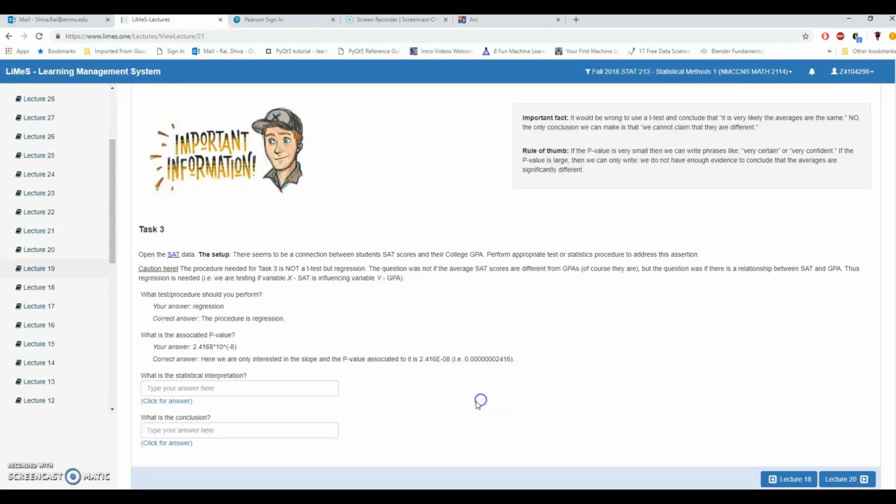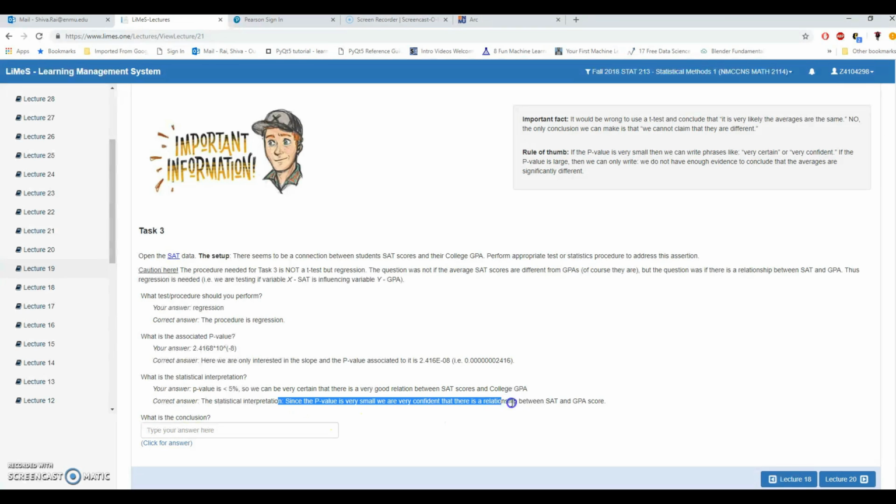What is the statistical interpretation? The p-value is less than 5%, so we can be very certain that there is a very good relation between SAT scores and GPA.